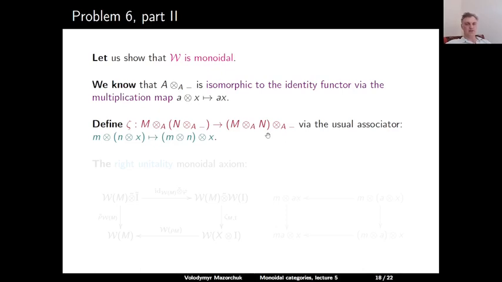In other words, zeta should be a map from M tensored over A with N tensor over A with something to M tensor over A with N tensored over A with something. We define the map zeta using the usual associator. So we send the element m tensored with n tensor x to the element m tensor n tensored with x.